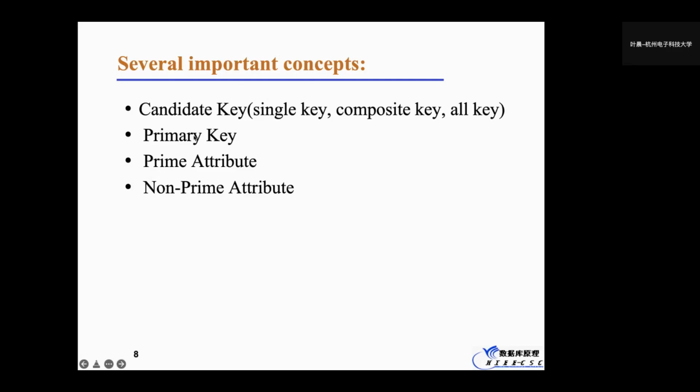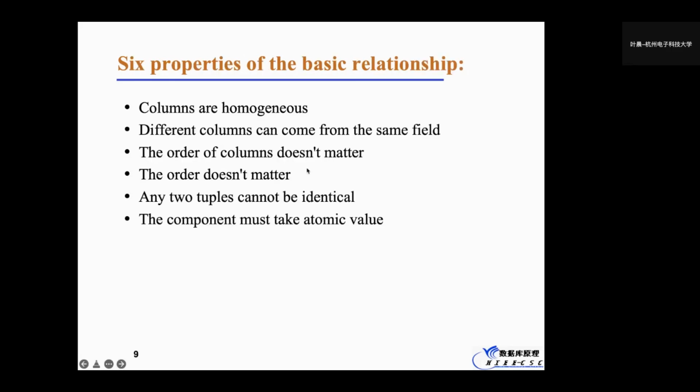These concepts we introduced in previous classes, and we have talked about the six properties of the basic relation, which are the following: the columns are homogeneous, and different columns can come from the same domain; the order of columns does not matter; the order of tuples does not matter; any two tuples cannot be identical; and the components must take atomic values.